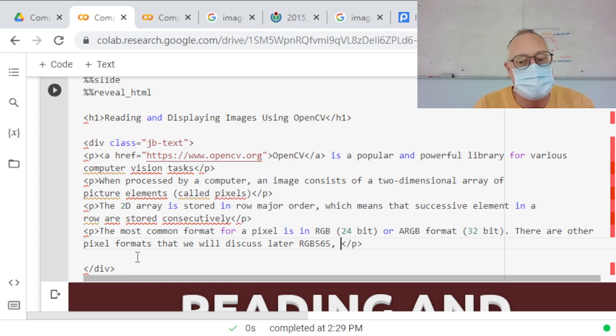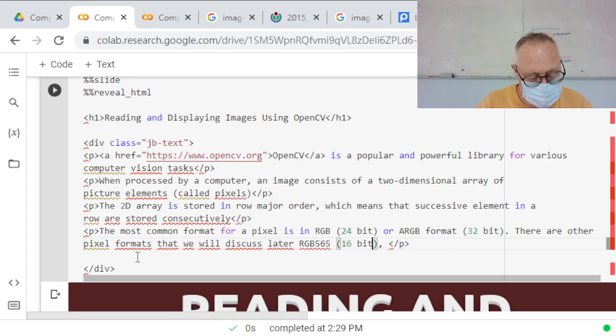So there are other pixel formats and color formats that we sometimes use. RGB 565 would be one where each pixel is represented by 16 bits. You have 5 bits of resolution for red, 6 bits for green, and 5 bits for blue, so that if you add them together, that gives you 16 bits.